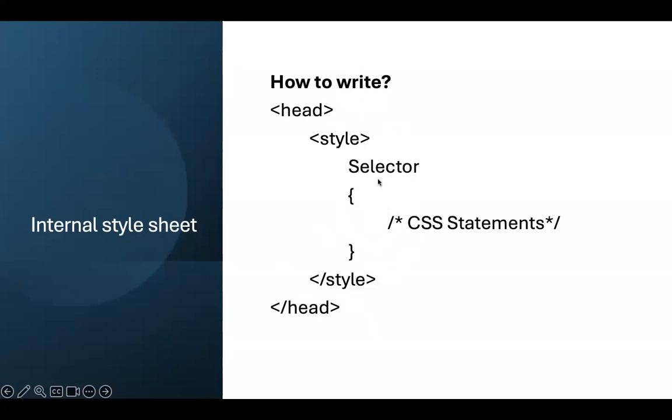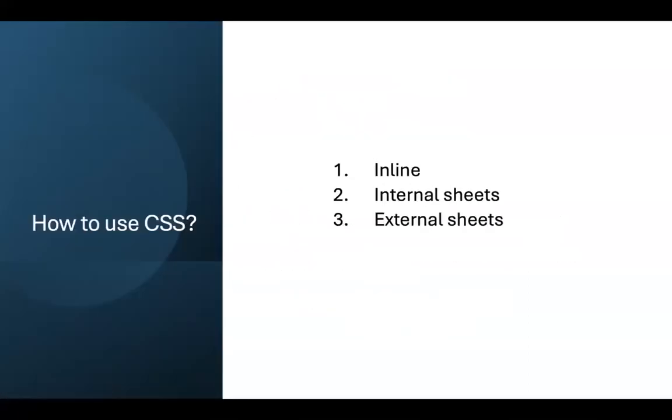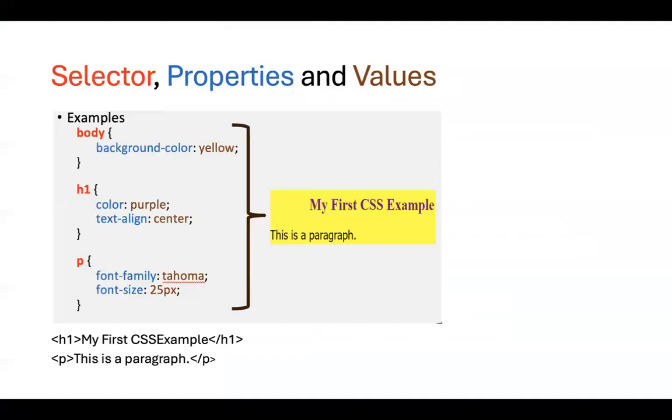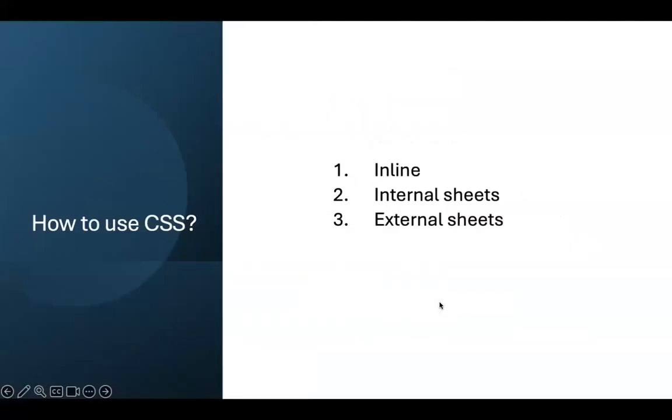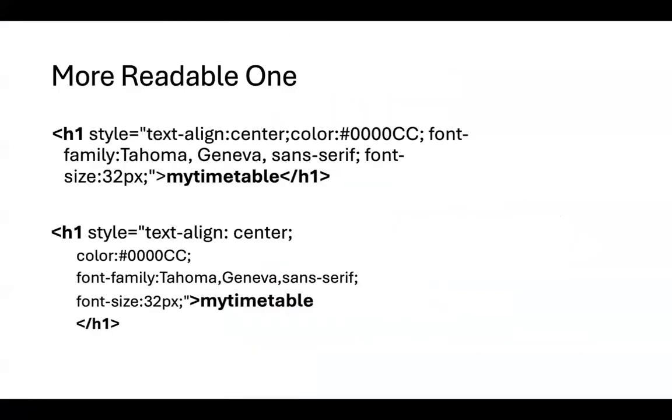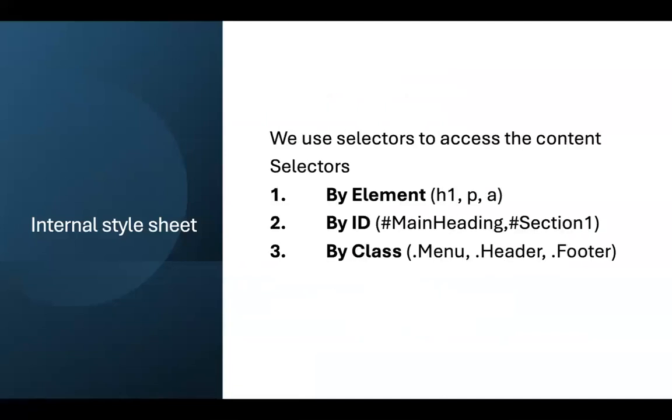Earlier I already told you, like this you can give it: the selector, curly braces, then the declarations, okay? We use selectors to access the content. The selectors we can give by element, by ID, or by class.